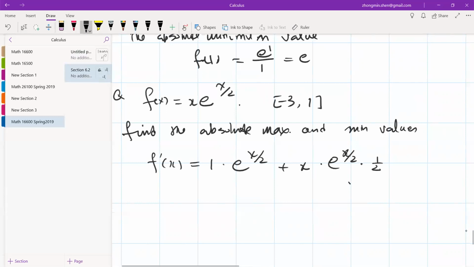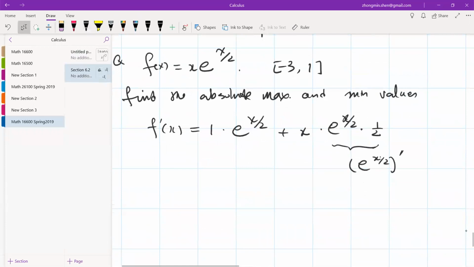Okay, this is the derivative of e to the half of x. So let's solve it. It is going to be e to the x over 2 times 1 plus half of x.